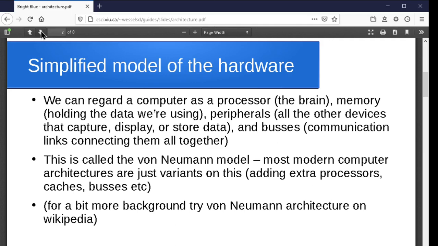And then communication channels to connect them all together. So we'll refer to those as communication buses, but again, the idea is it's just some conduit, some channel for moving information back and forth between the other pieces.